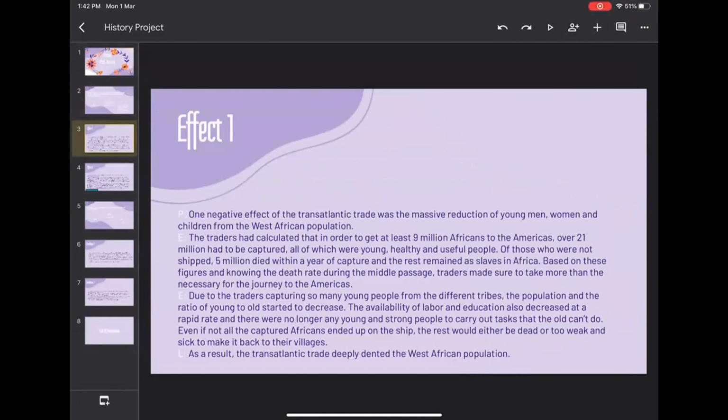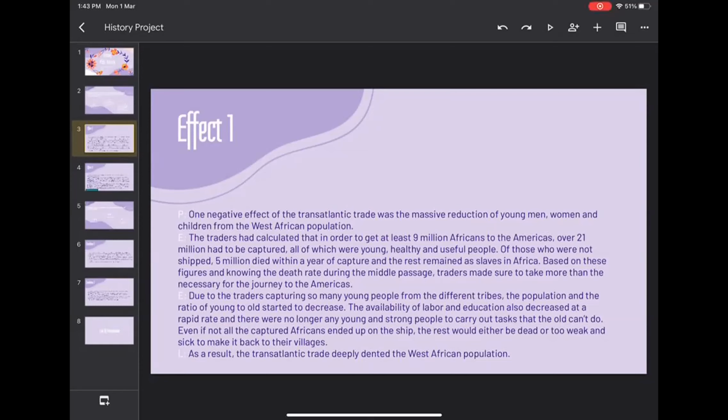Right there. So the first effect is that the students said that one negative effect of the transatlantic slave trade was a reduction of young men and women. What was the evidence? The evidence is that over 9 million Africans were taken from Africa to the Caribbean or the Americas. That is the evidence. The figure is there.